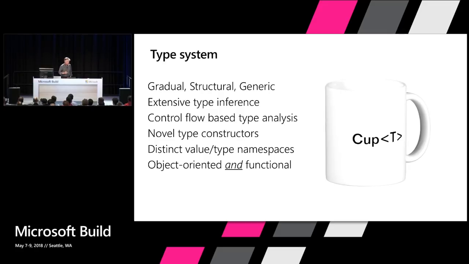Now, I mentioned also here that the type system is structural as opposed to nominal type systems like, say, C# or Java, where in those nominal type systems, when you have a base class and a derived class, you can only assign a derived to a base if it explicitly says that it extends that base class.